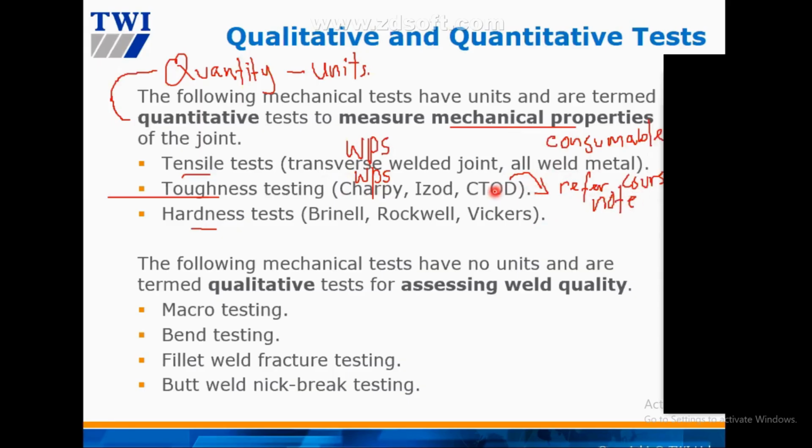In the exam, they ask you about CTOD, but in this slide, they do not mention or detail CTOD. But basically, CTOD is for checking material toughness. I need you to read from the books, the TWI course note. They ask you about this, CTOD. Okay?